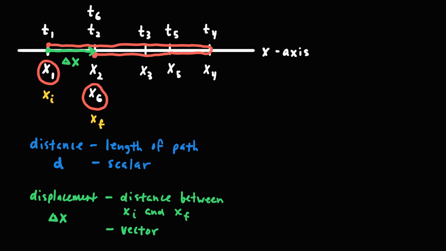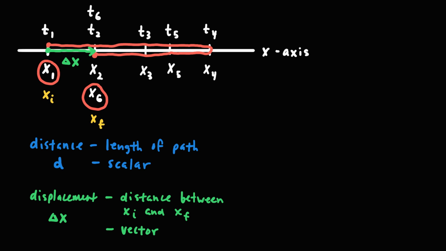Distance and displacement can be different. Here in particular we see that, because the distance was represented by the length of that entire red line, whereas displacement was just a distance that starts at x1 and goes to x6, which is much smaller, but also has a direction associated with it.